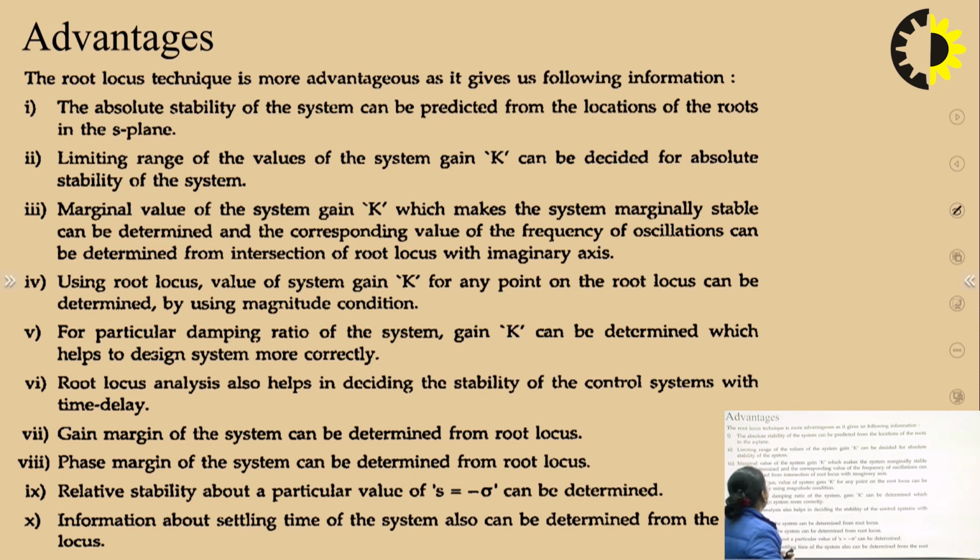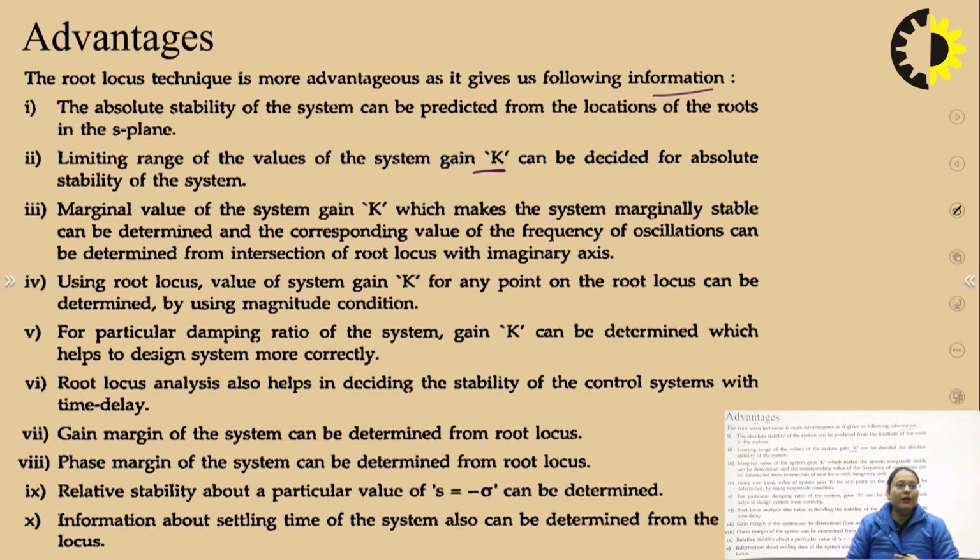Now, what are the advantages of the root locus? So basically, the root locus technique is advantageous as it gives the following information. The absolute stability of the system can be predicted from the location of the roots in the S plane, right? The limiting range of values of the system gain K can be decided for absolute stability of the system.